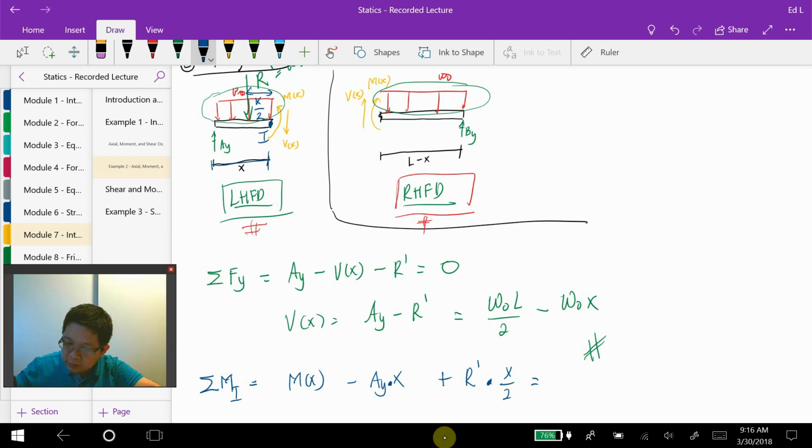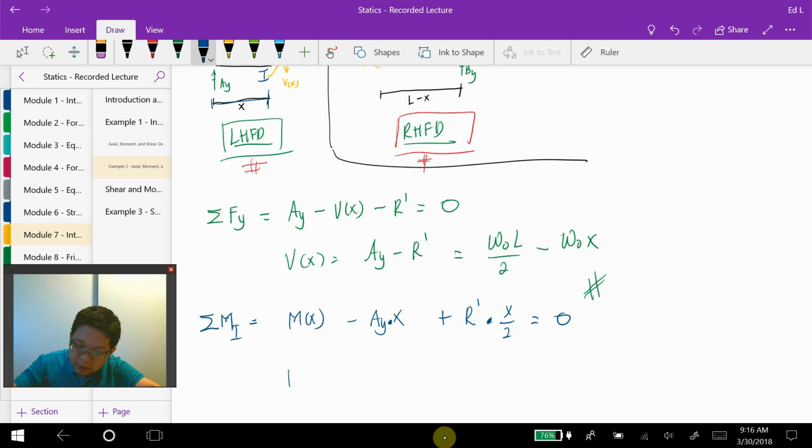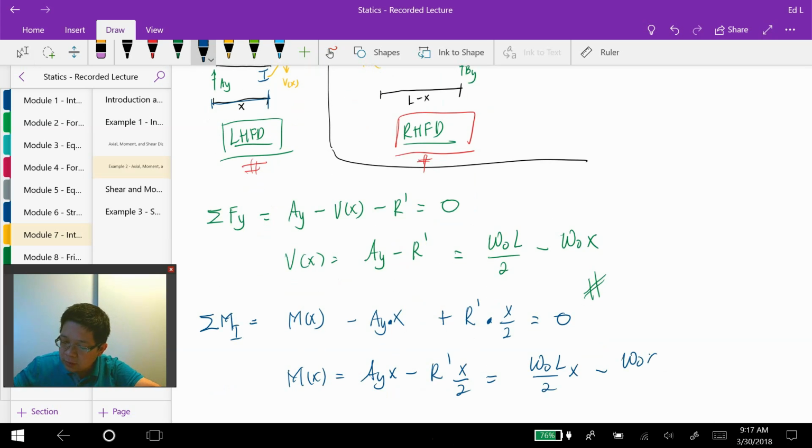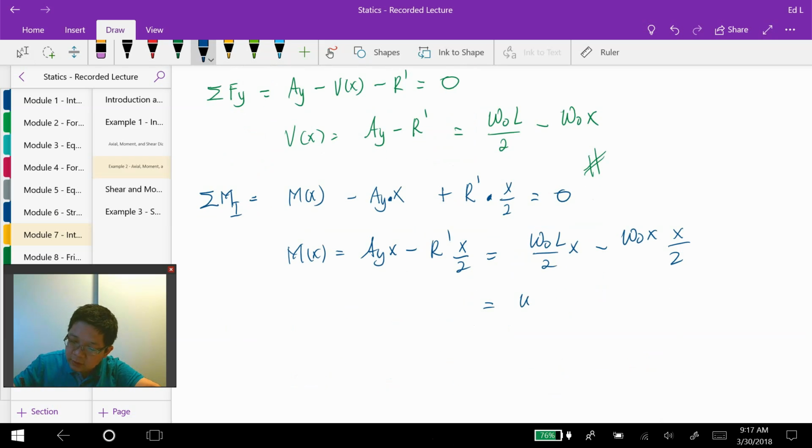And set this equal to 0, then I have my Mx is equal to Ay x minus R prime x over 2. Ay is w naught L over 2 times x minus w naught x times x divided by 2, and I can further simplify this. I obtain w naught L over 2 x minus w naught x squared divided by 2.